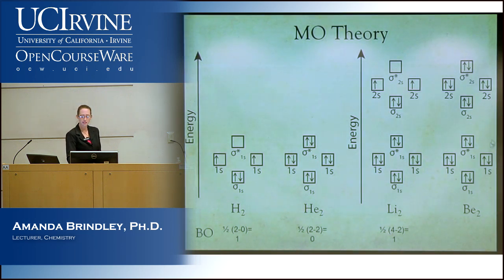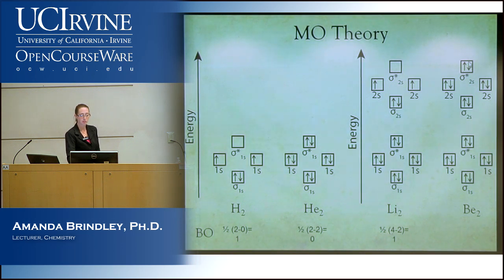Are we counting these on the side at all? No, those are our atomic level diagrams. We put them there to kind of show where the orbitals are coming from, but we're not counting those electrons as part of our bonds here. We're just looking at the MO diagram, which is in the center. Okay? So we have how many electrons in bonding orbitals? 4.